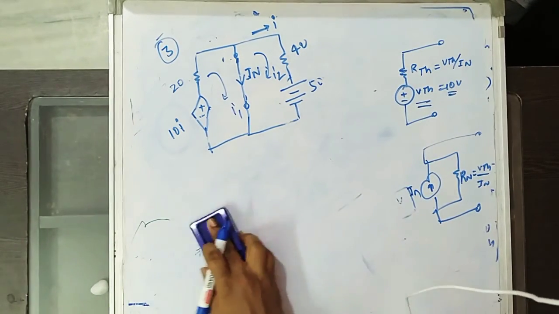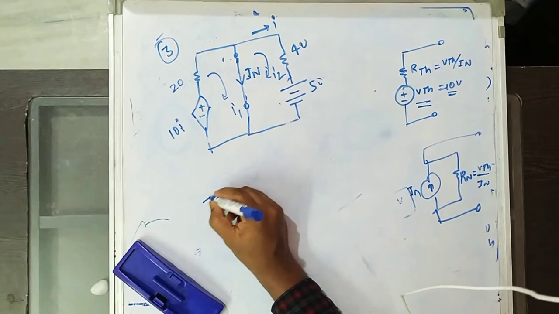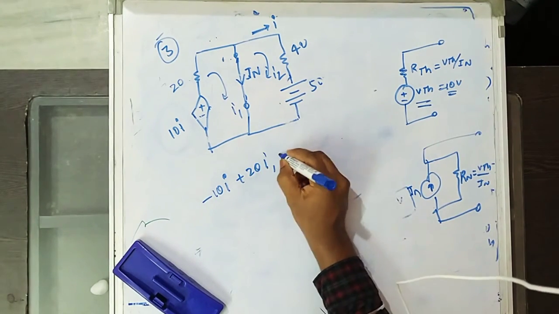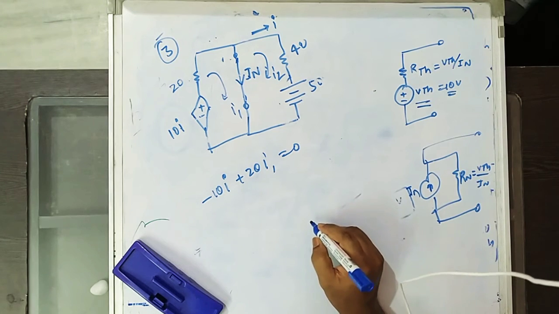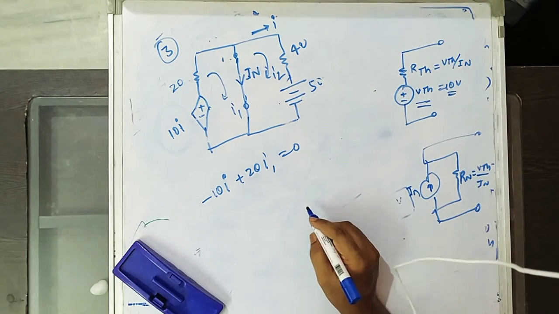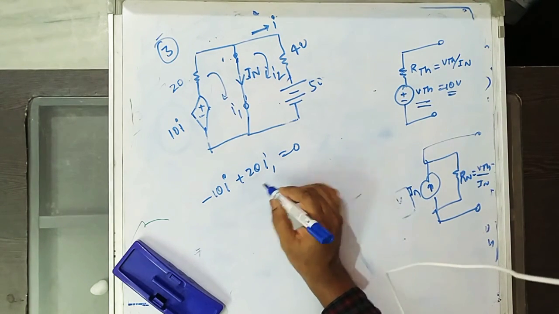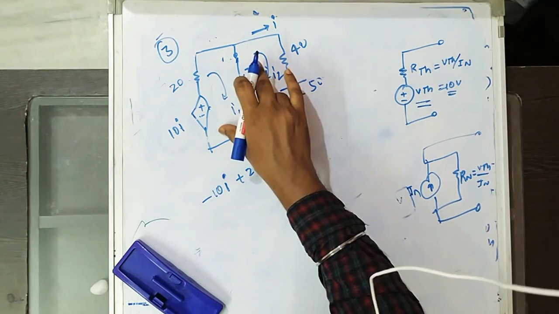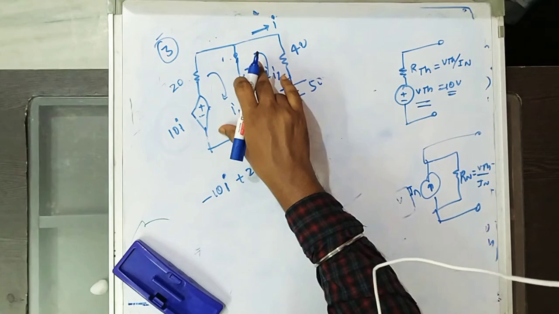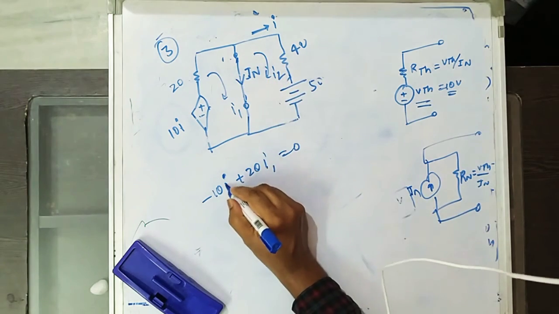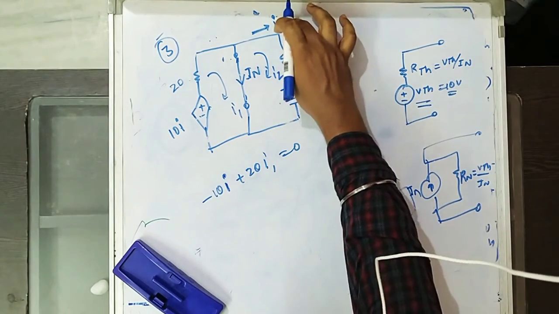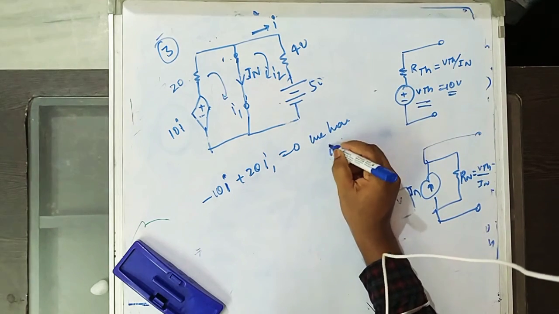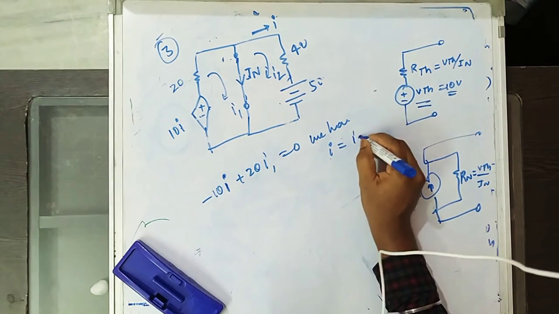Now from loop 1, what do you have? Minus 10I plus 20I1 equal to 0. If you observe carefully, we want two mesh equations in I1 and I2 form, but you have I here. I is the current of I2, so I equals I2.